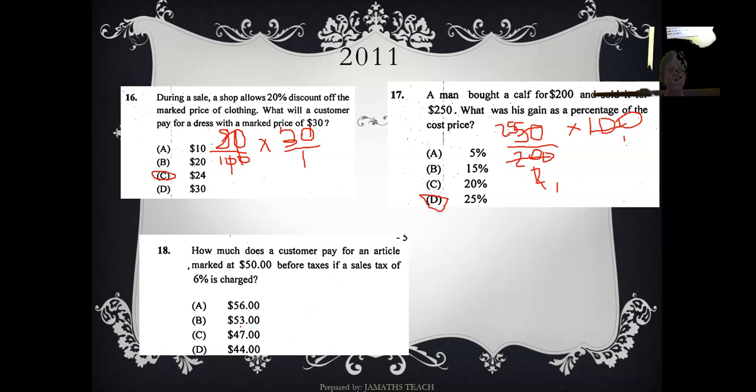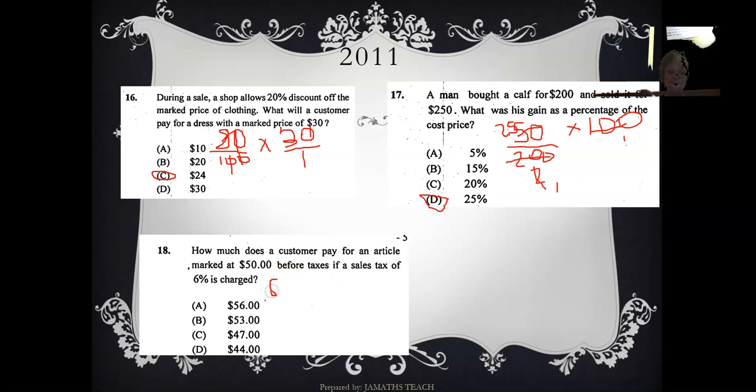How much does a customer pay for an article marked at $50 before taxes if a sales tax of 6% is charged? So for this one, it's easier to actually find 6% and then add it for the sales tax rather than finding 106%.